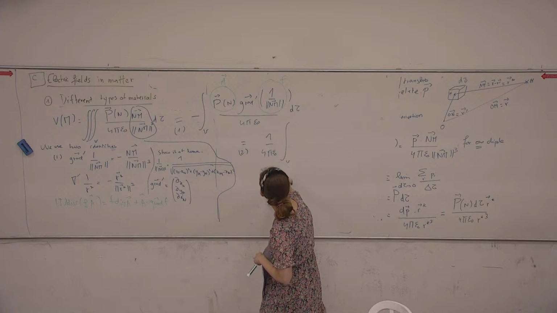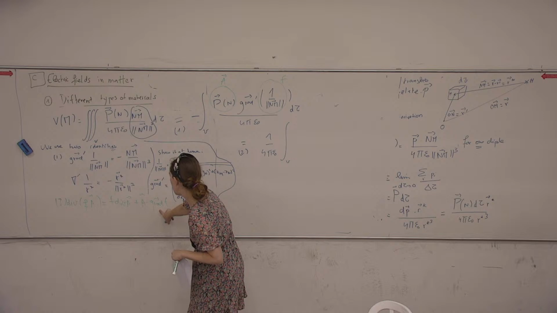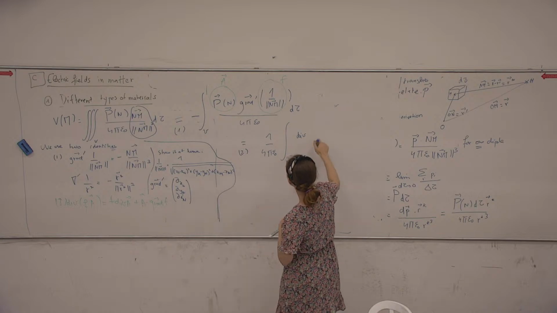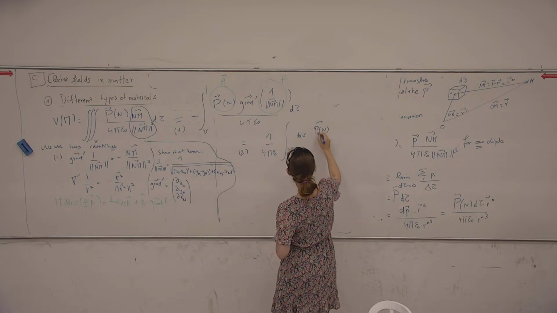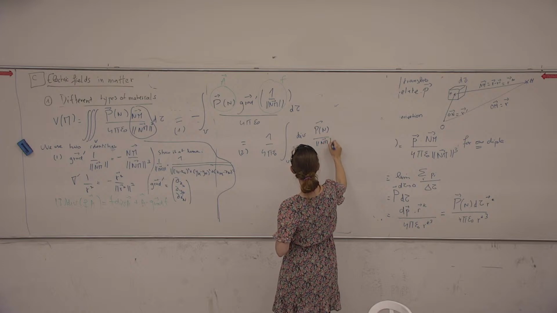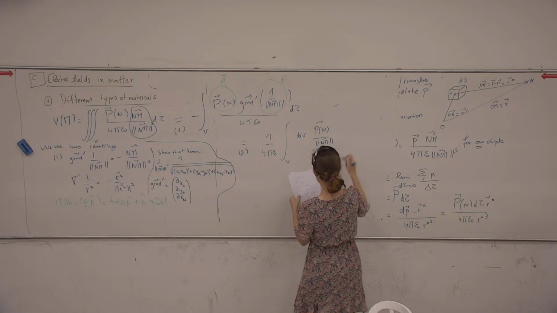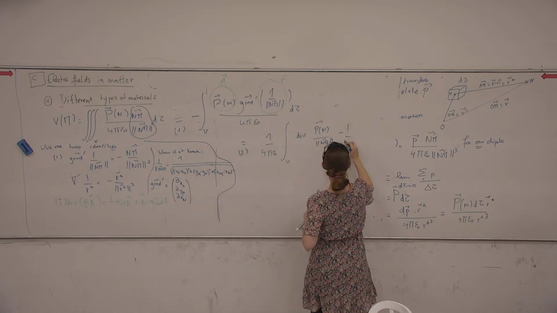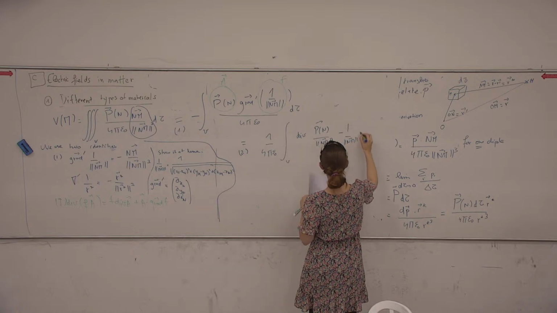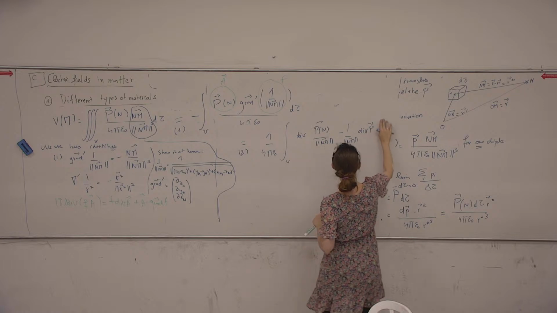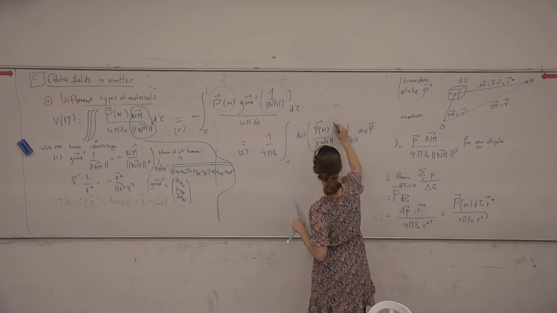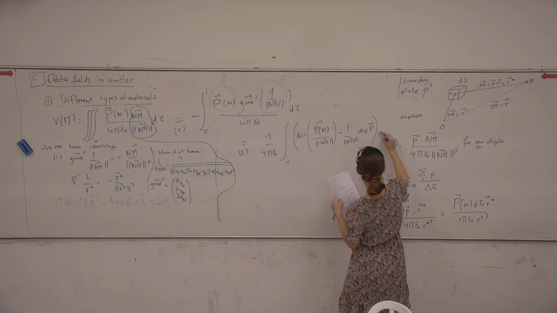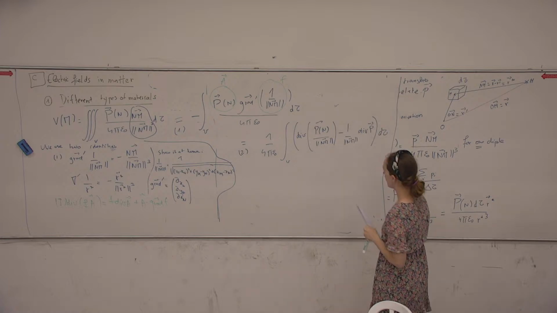So I have A dot grad F, so that's going to be the integral of the divergence of FA, so P(n) over Nm, minus, this term goes here, minus 1 over Nm times the divergence of P. Everybody agrees? Do I agree with myself? Yes, I agree with myself.